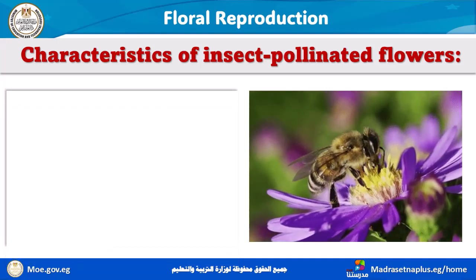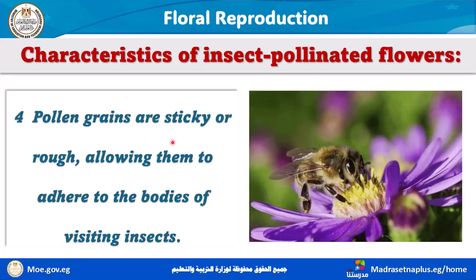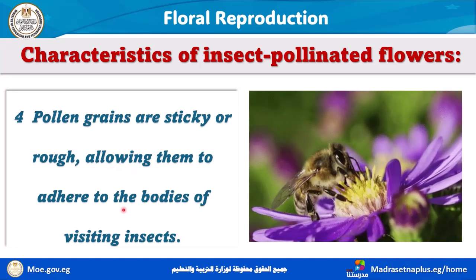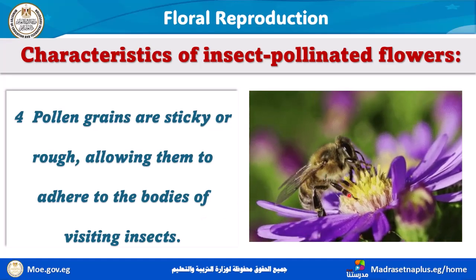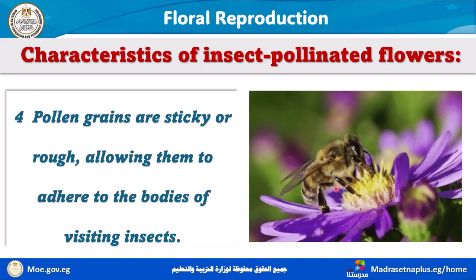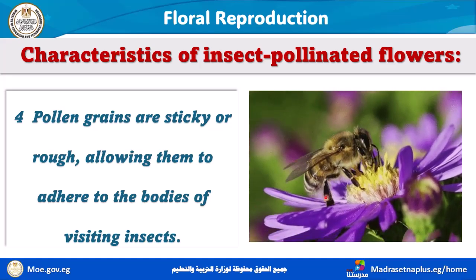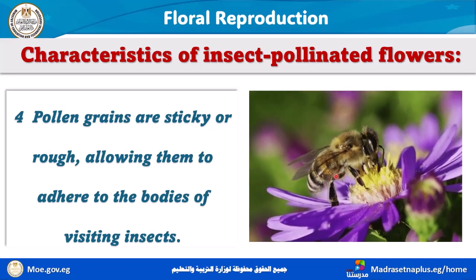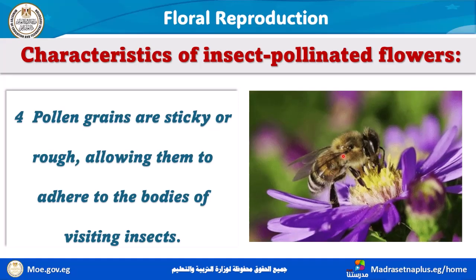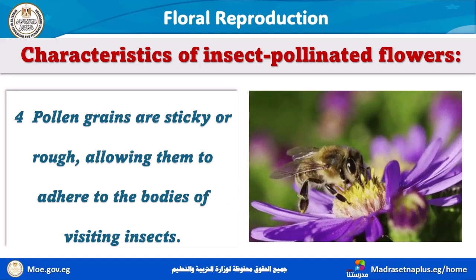Also, from the characteristics of insect-pollinated flowers, pollen grains are sticky or rough, allowing them to adhere to the bodies of visiting insects. When an insect visits the flower, the pollen grains stick on the hair of the insect, and when the insect flies from one flower to the other, the pollen grain is transferred from the anther to the stigma.